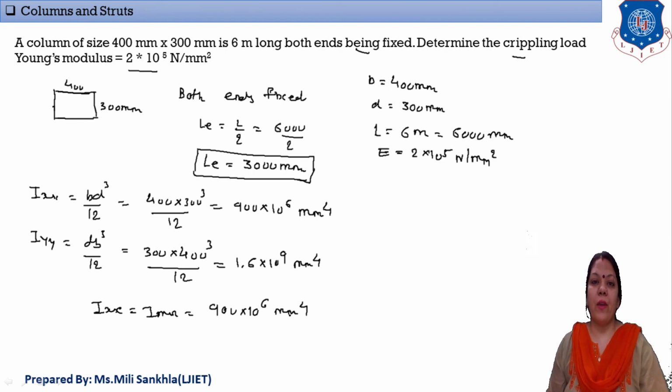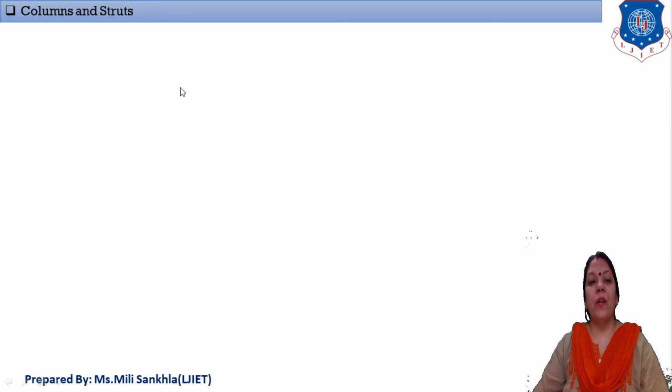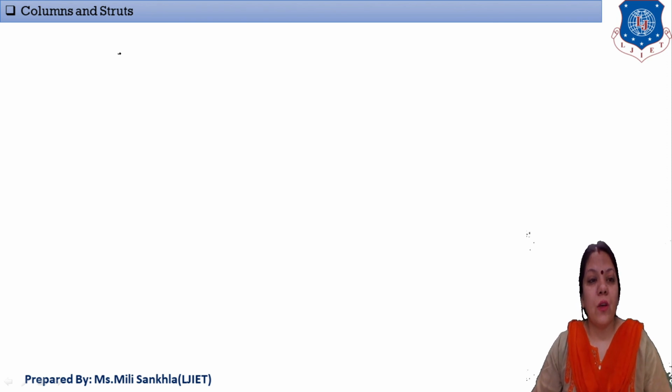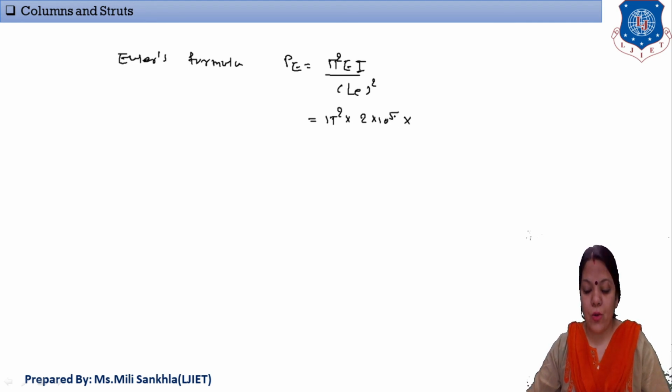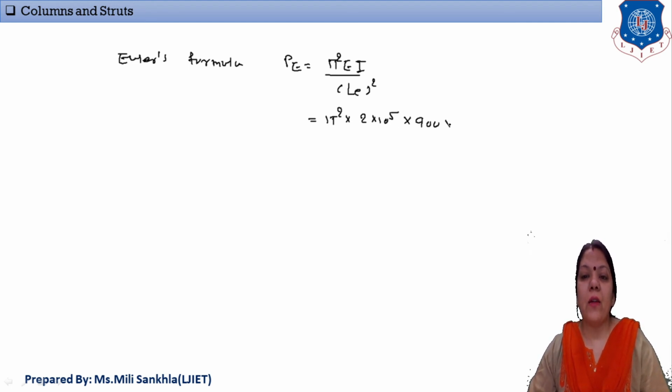Now we find out our Euler's load. Write down the Euler's formula: PE is equal to pi square EI by LE square. Now one by one, pi square into E, which is 2 into 10 raised to 5, and the value of I we found is 900 into 10 raised to 6, and LE we found is 3000 square.